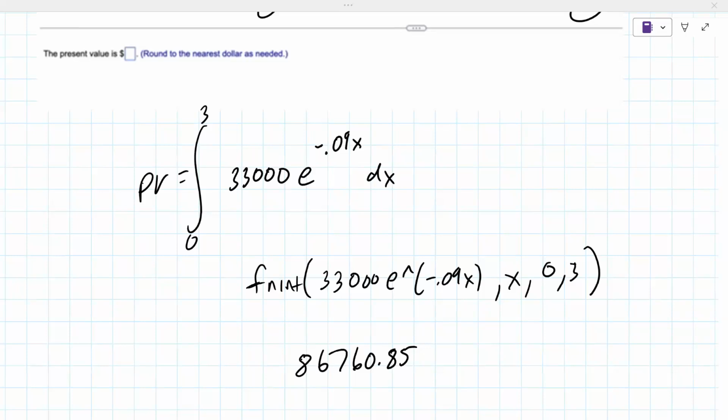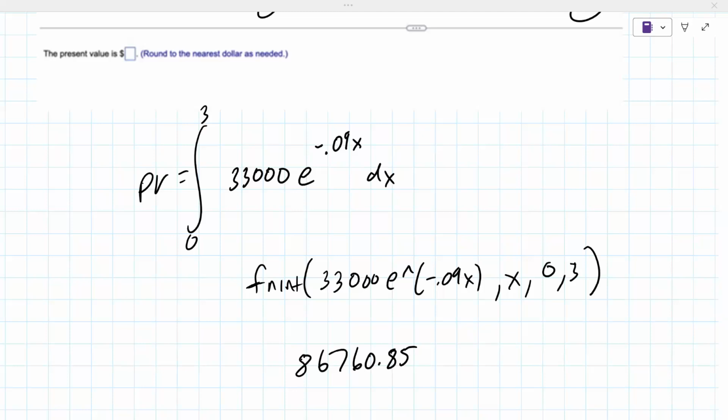This is not working. I did that one wrong. Oh, I see where I went wrong. Okay, I got the same thing after fixing it.